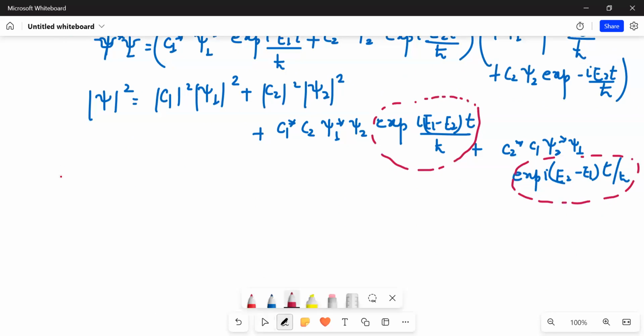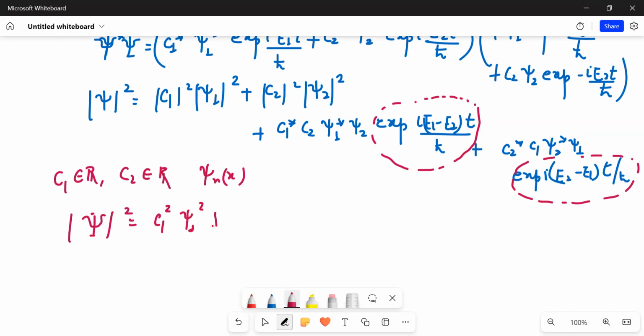Okay, if we take C1 and C2 both belonging to R, and we take, let's say, psi1 and psi2 to be real, then we get C1 square psi1 square plus C2 square psi2 square, plus 2 times C1 C2 psi1 psi2 times the sum of exponential of iota theta and exponential of minus iota theta.